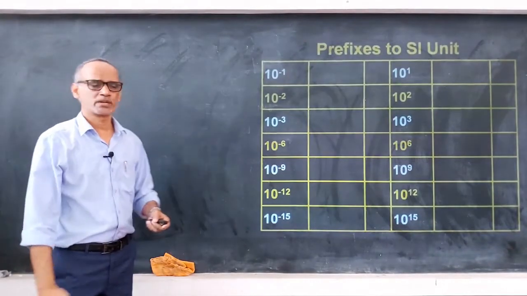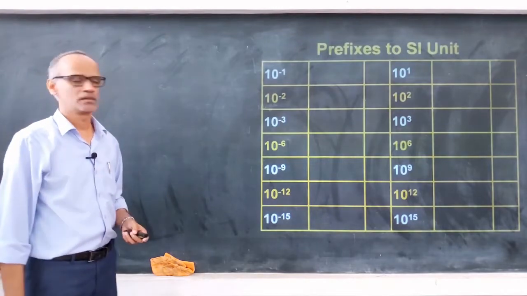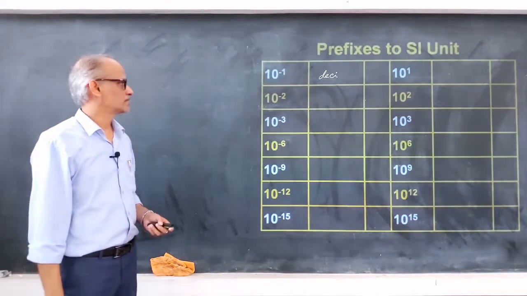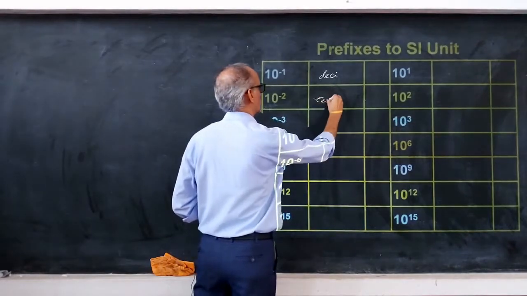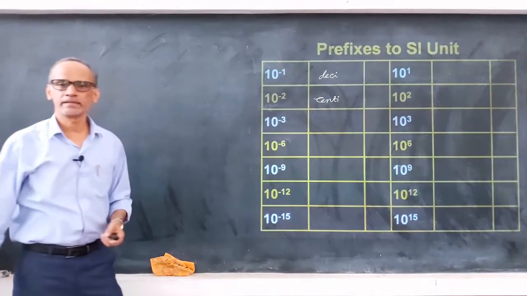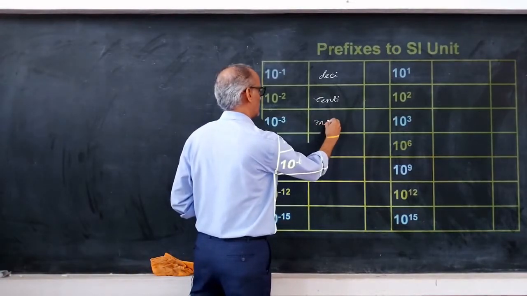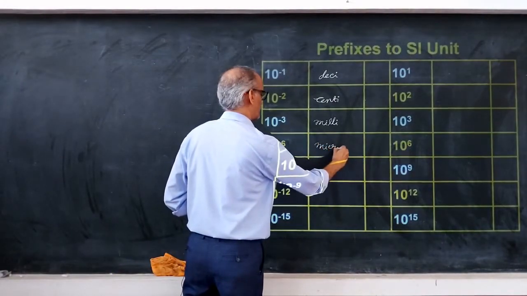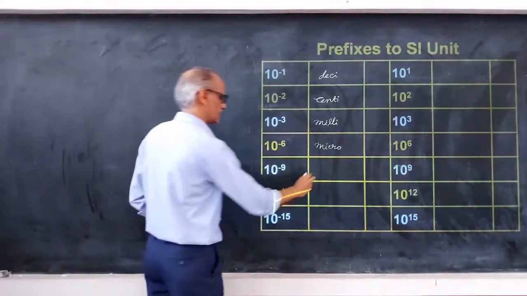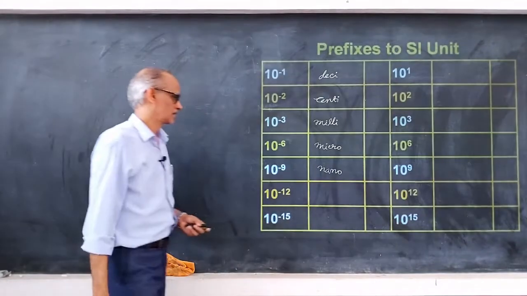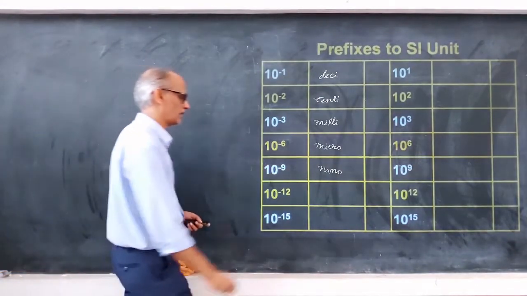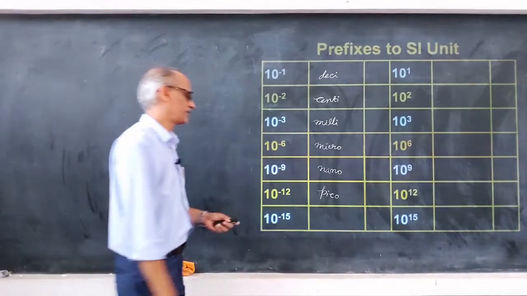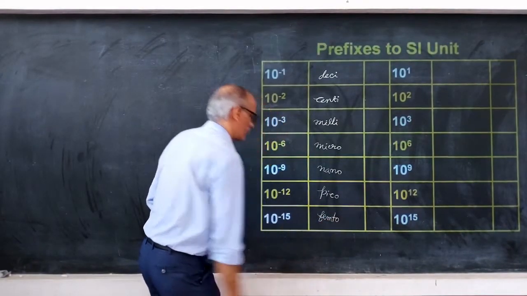In the table itself I am going to write. 10 to the power minus 1 is the prefix used for deci. 10 to the power minus 2 is centi. 10 to the power minus 3 is milli. 10 to the power minus 6 is micro. 10 to the power minus 9 is nano. 10 to the power minus 12 is pico, and 10 to the power minus 15 is femto.